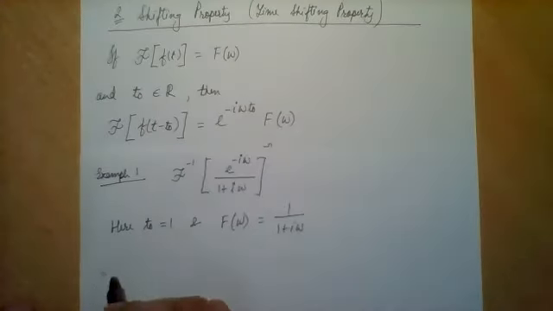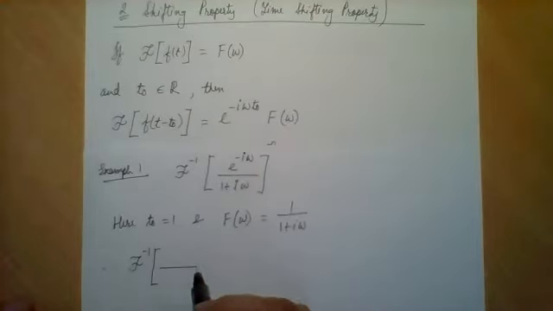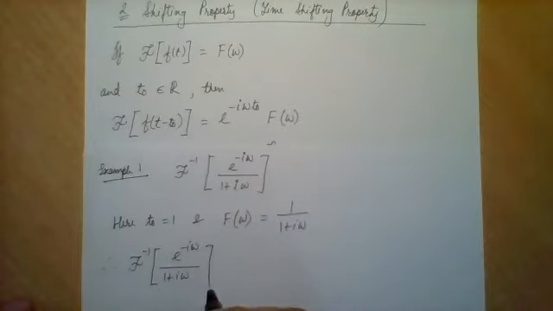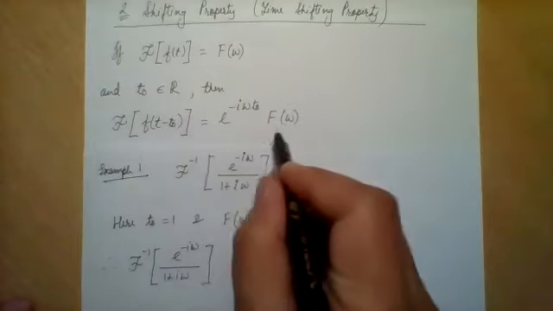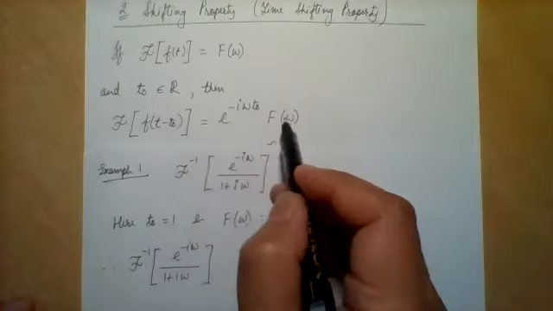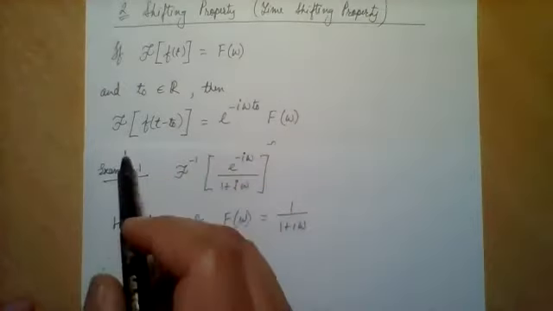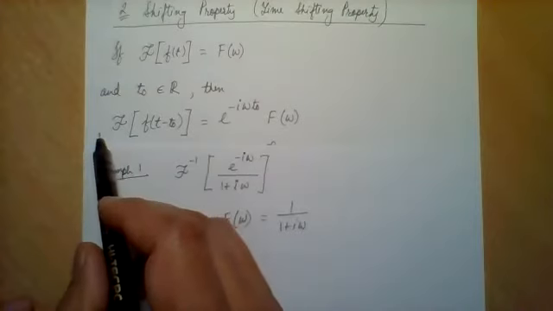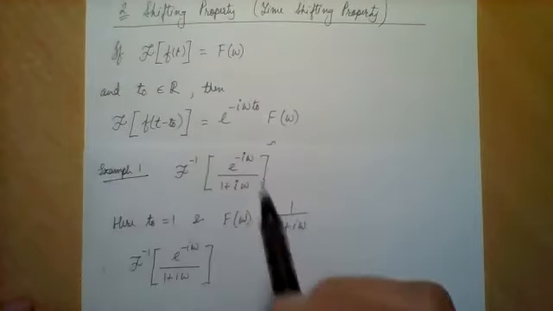Then, therefore, if I take the inverse Fourier transform of this, e to the power minus I omega over 1 plus I omega, you can see that if I take the inverse Fourier transform of both sides, that is, the inverse Fourier transform of the Fourier transform will give the function itself.